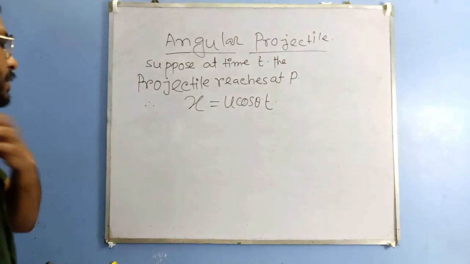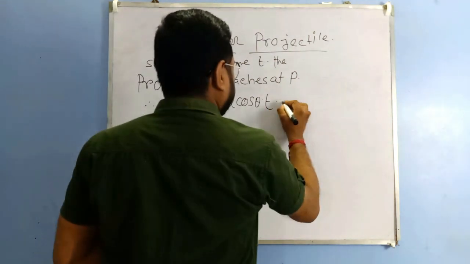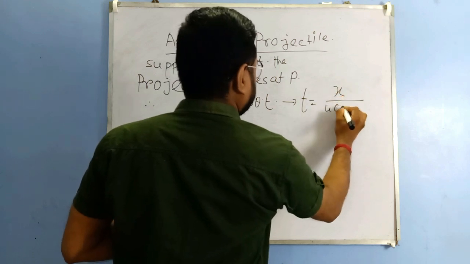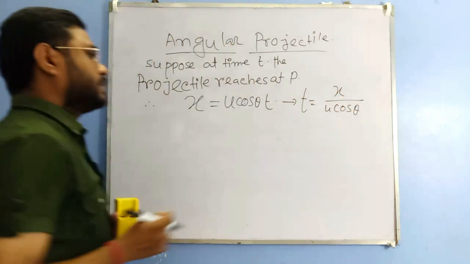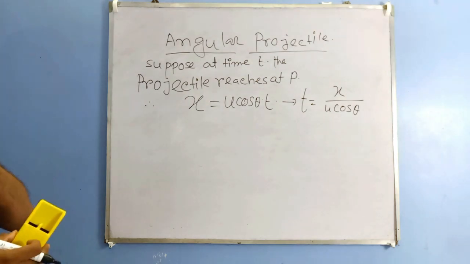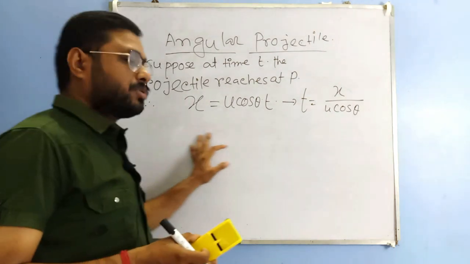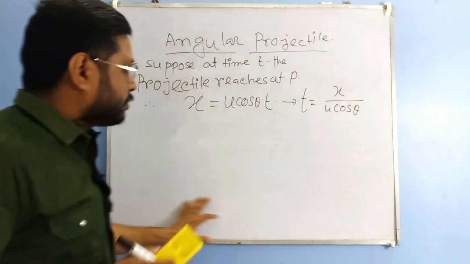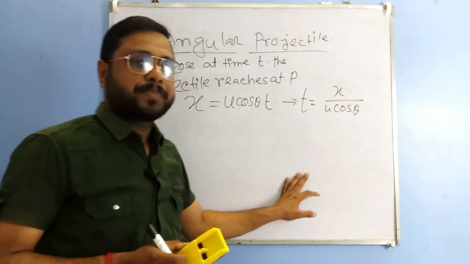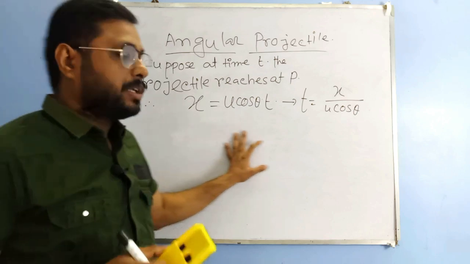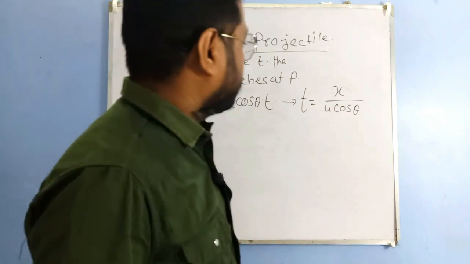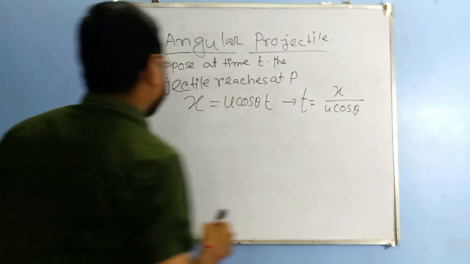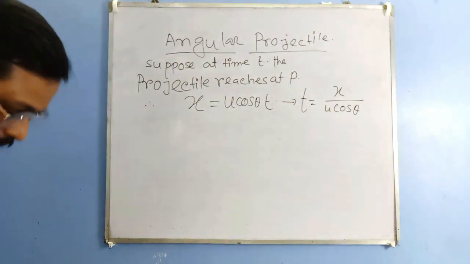Therefore, from here we can get t equal to x divided by u cos theta. It comes out from the figure we drew earlier. At first draw this figure in your exercise book. Due to lack of space, I have to erase it, but you have to watch the diagram first, then watch the equation for better understanding.